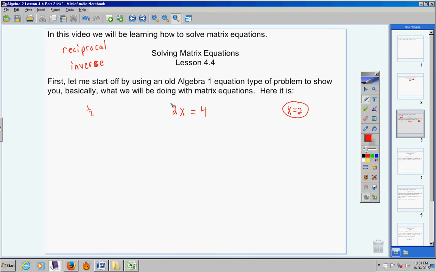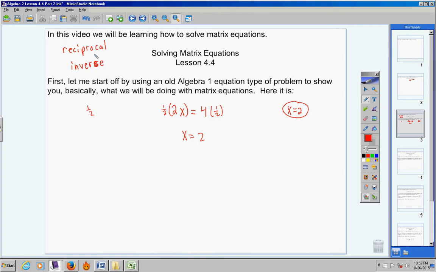And then you multiply both sides by the reciprocal. 1/2 times 2 is 1, so 1x. 4 times 1/2 is 2. Now that's the exact same thing as dividing by 2, to be honest with you. But it's also called the reciprocal or the inverse method.